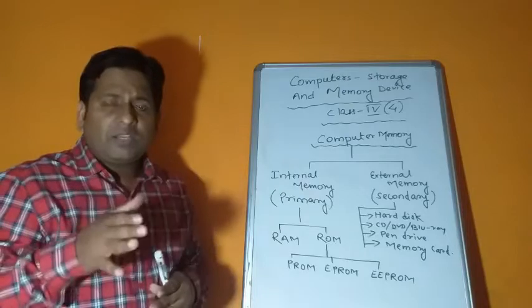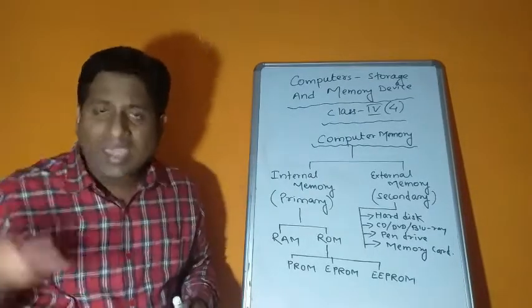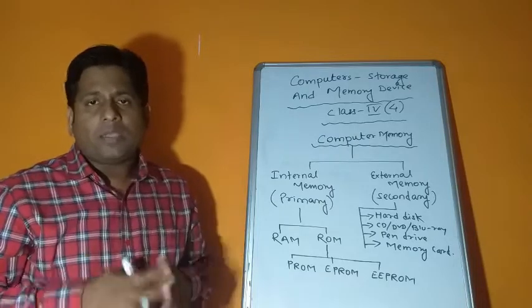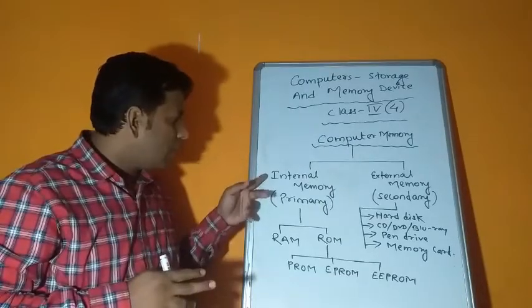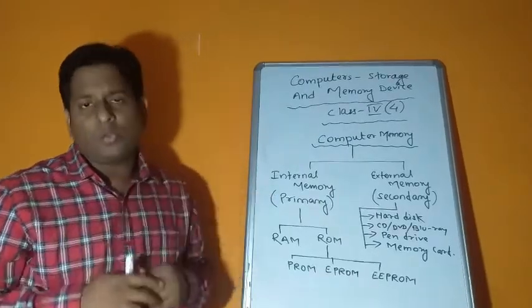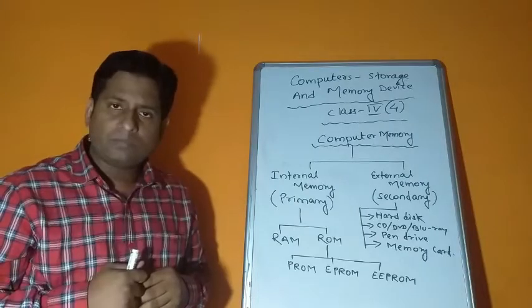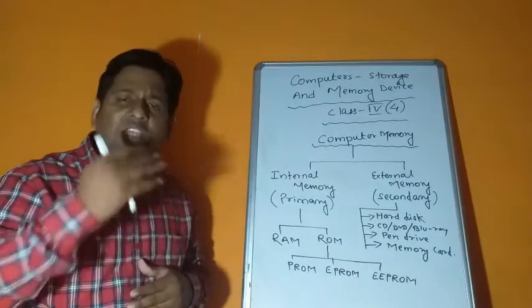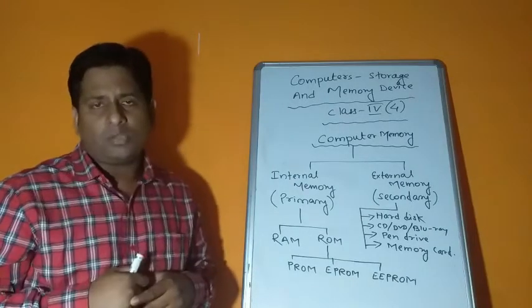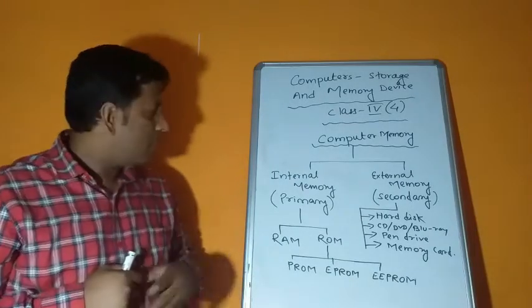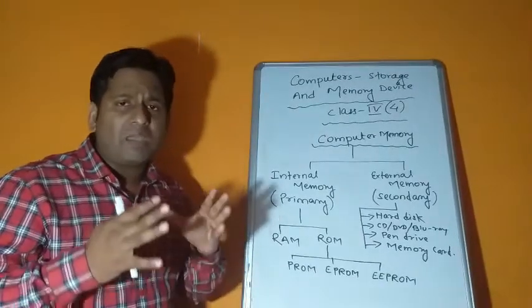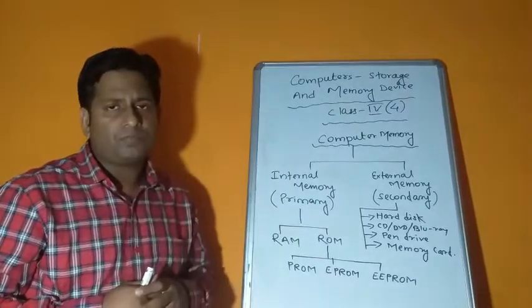Internal means without this the computer cannot run. That's why internal memory is also called primary memory, main memory, whereas external memory is known as secondary memory, auxiliary memory.